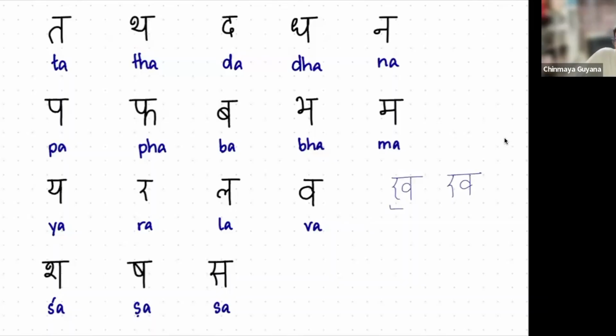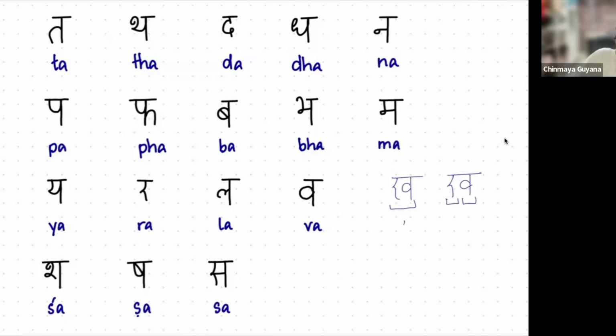The R has to be close to the V in K, and it has to be further from the V when you're writing them separate. Okay, so watch out for that. They look very similar, but don't make a mistake between them.